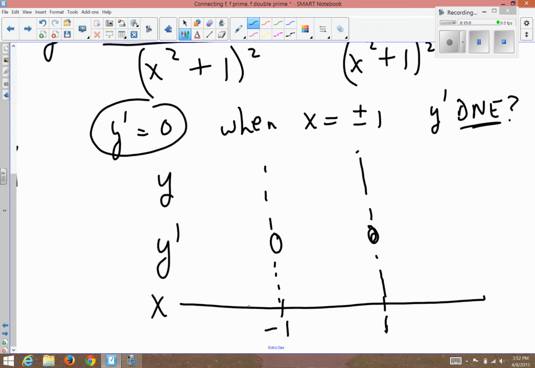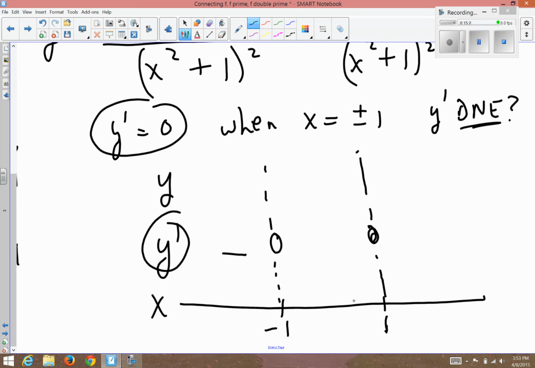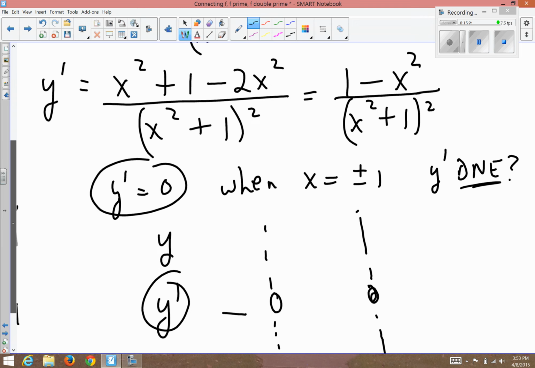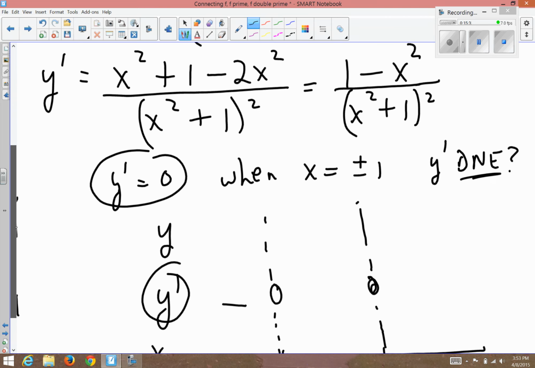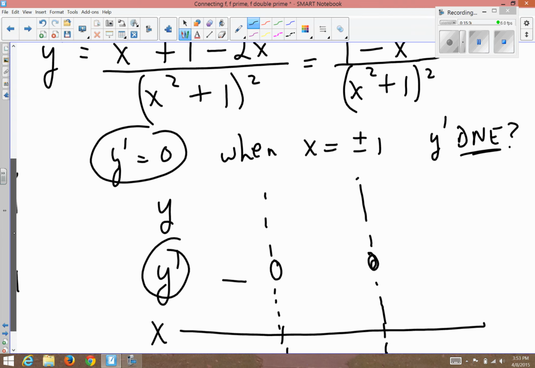If you pick a number smaller than negative 1 and plug it into y prime, which is up here, say you plug in negative 2, do the arithmetic, you'll get a negative. Plug in any number between negative 1 and 1, like 0. Use any number you want. You can use a half if you want. Whatever number you plug in between negative 1 and 1 makes y prime positive.